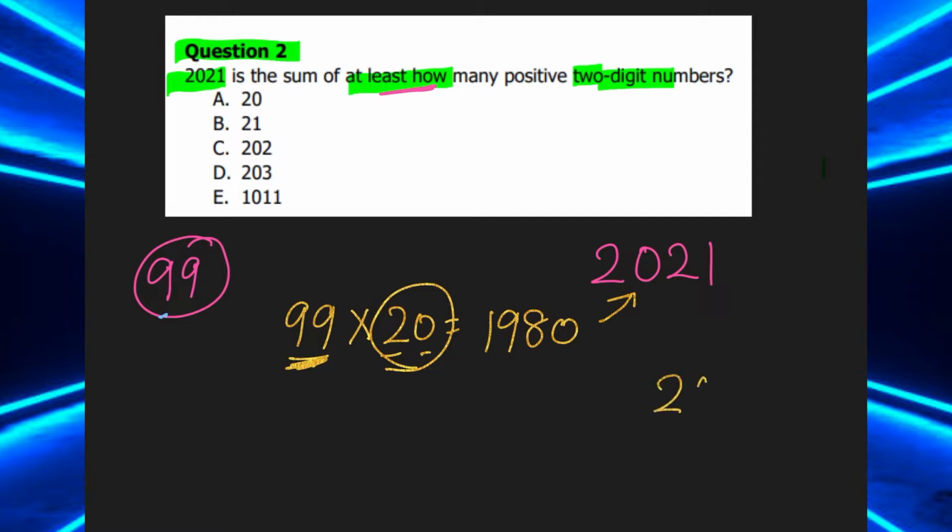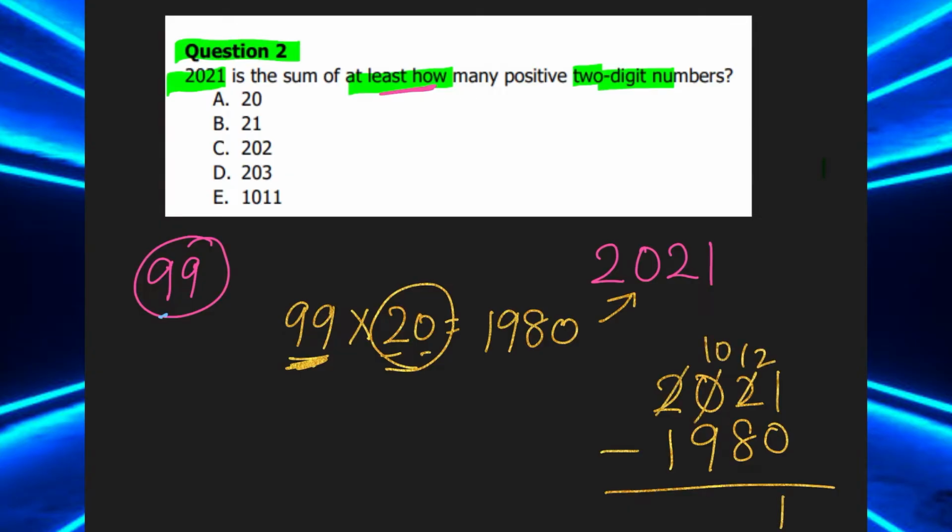How much is remaining? 2021, take away 1980. This is 41. So we have 41 more, which of course will come from the next number.